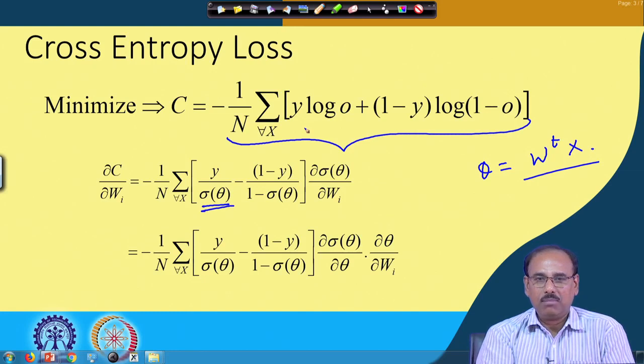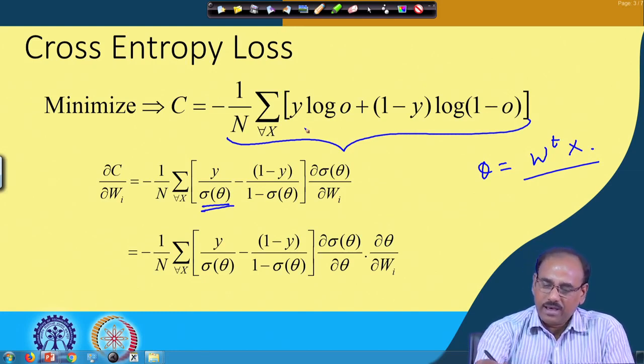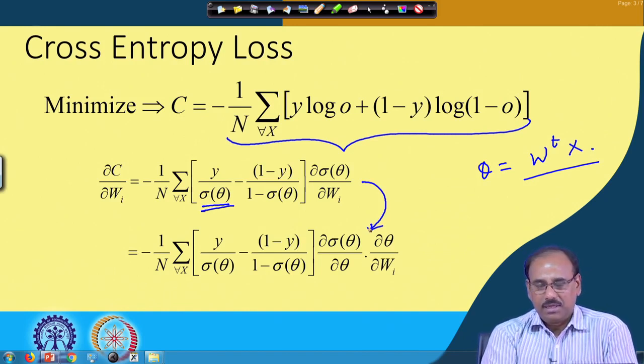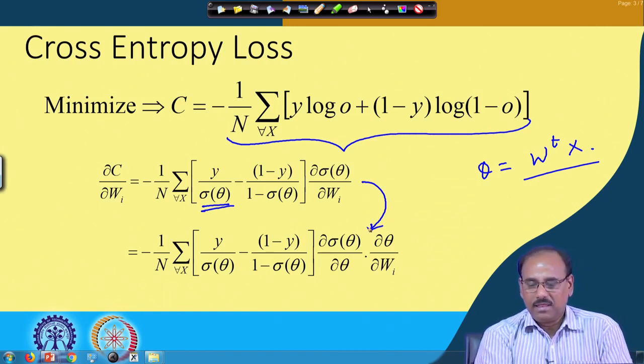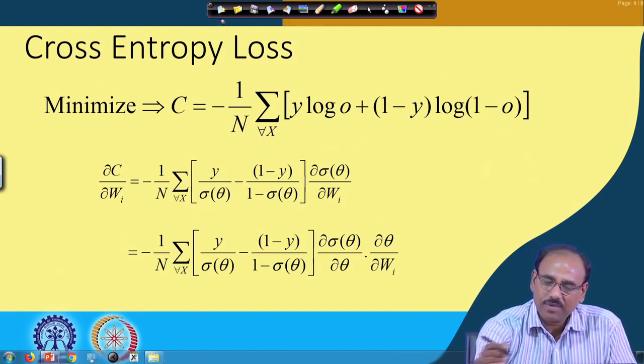upon y upon 1 minus sigma theta into, again here I apply the chain rule. So, it is del sigma theta del theta into del theta del W I, simply using the chain rule.